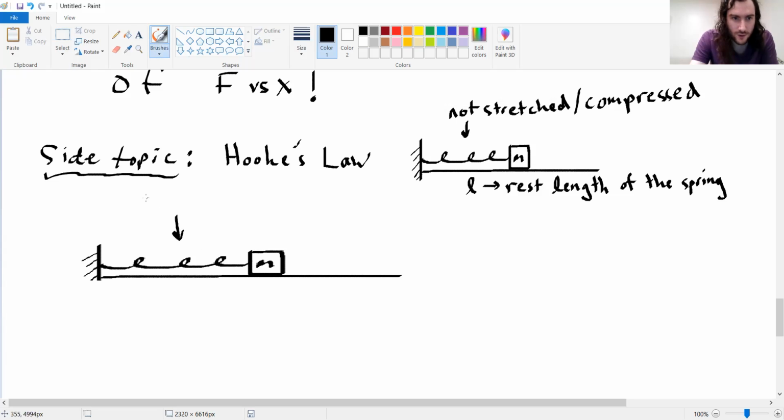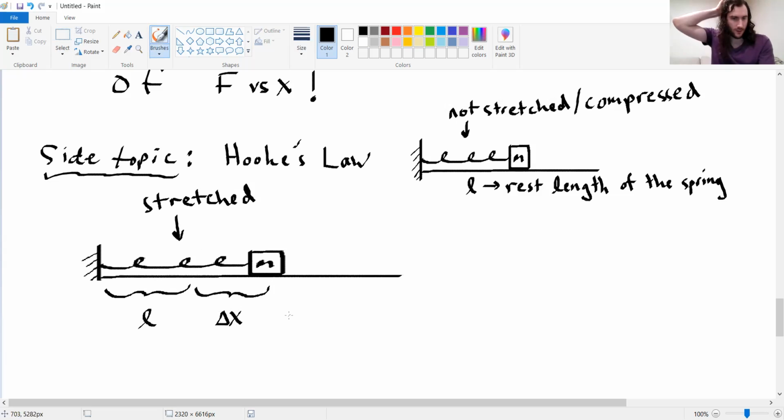So now it's stretched. This was the old length, and this is an amount of stretching, delta x.